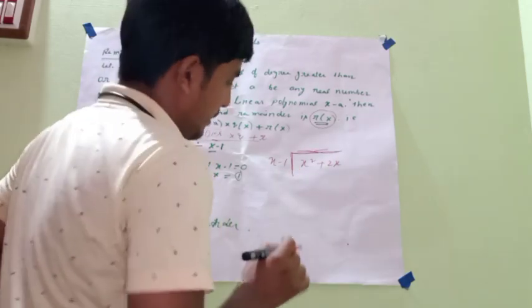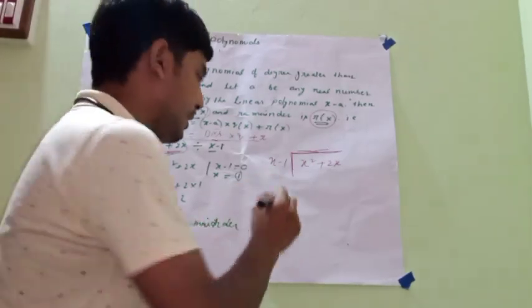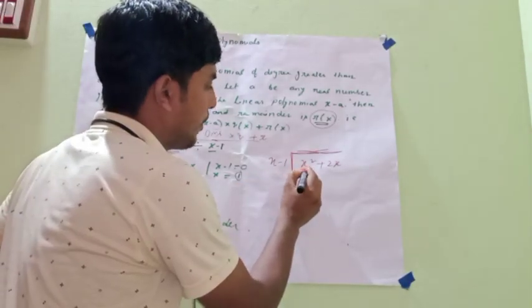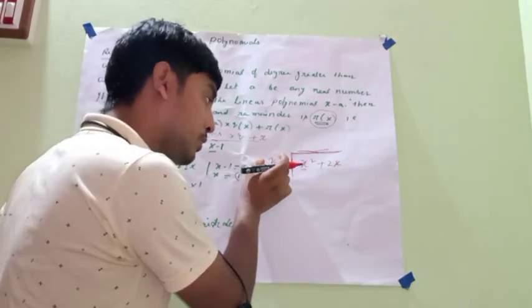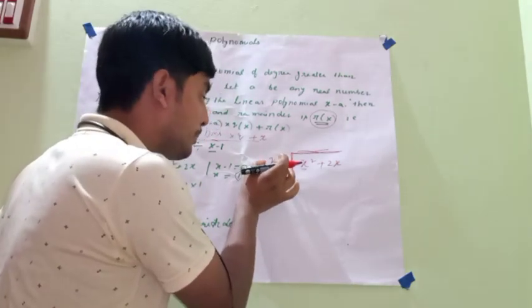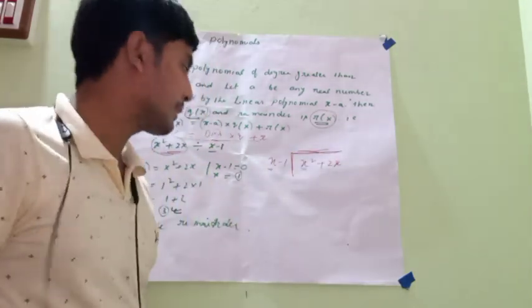Here you have to see the first term of this polynomial, x square, and here x. Now try to understand: what should be multiplied with x to get x square?